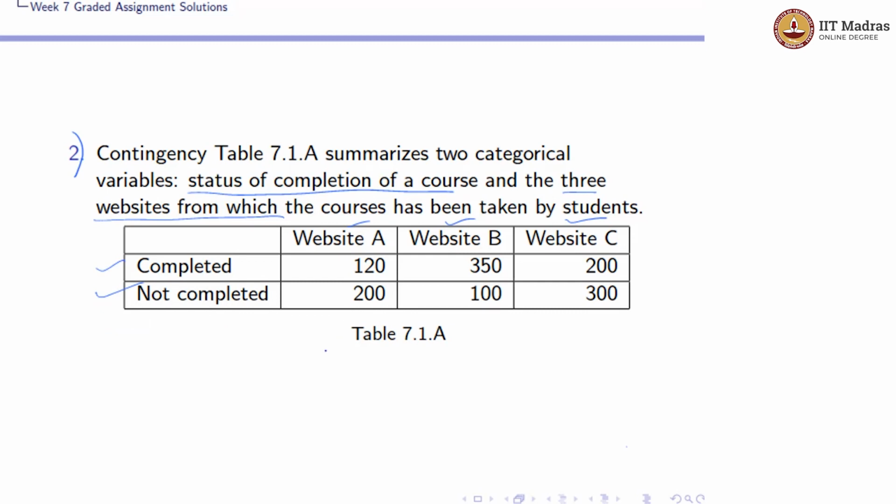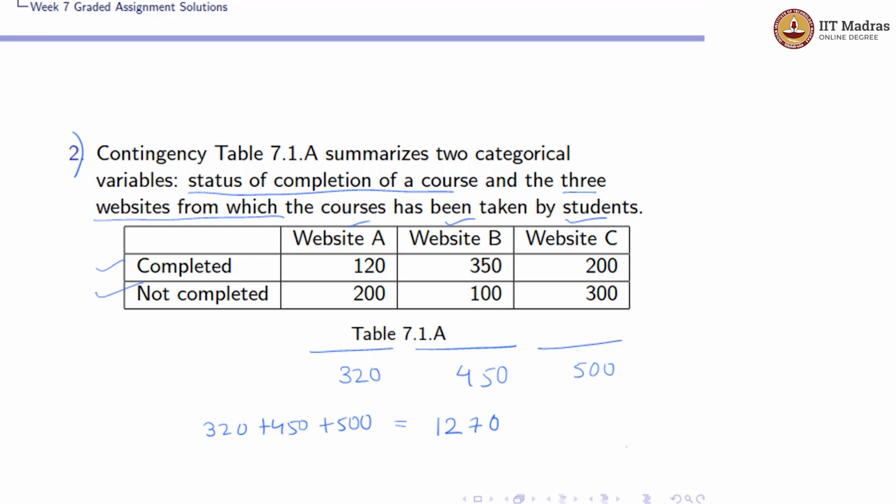From website A, a total of 320 students have taken the course. From website B, a total of 450 students, and from website C, a total of 500 students. So a total of 320 plus 450 plus 500 students have taken the course. So this is 1270.